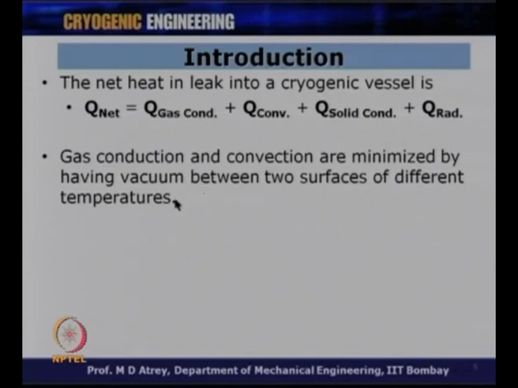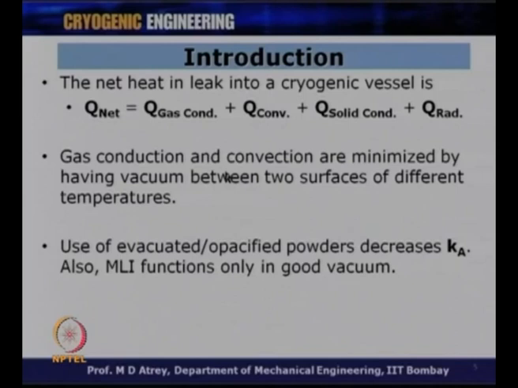So, if I have good vacuum, the first two heat inleaks can be completely taken care of. Second thing, we also know that use of evacuated or opacified powder, which basically uses vacuum over there, will decrease Ka, apparent thermal conductivity. And we also know that multilayer insulation takes care of solid conduction as well as Q radiation.